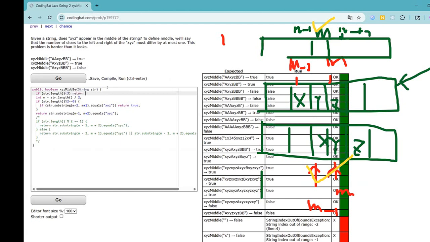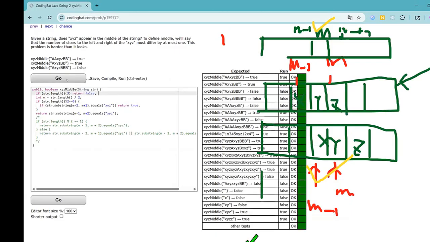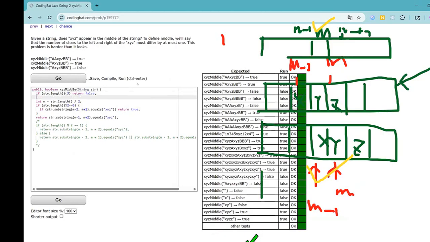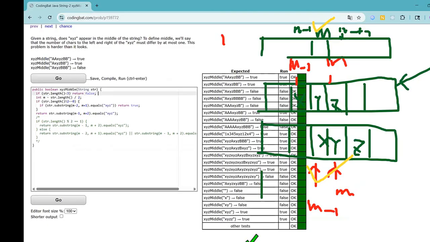You will return false. Wait, but what about situations like this? Oh wait, oh no, sorry, never mind. All the even cases are considered already. Okay, anyway, we just discuss different possibilities.